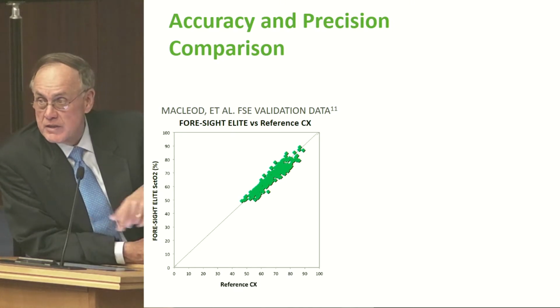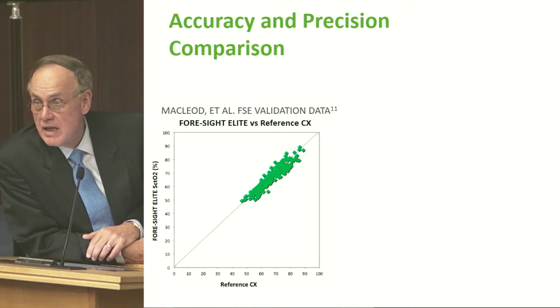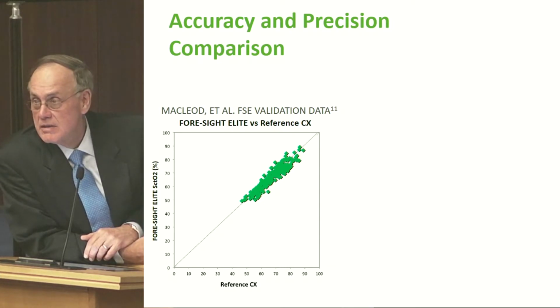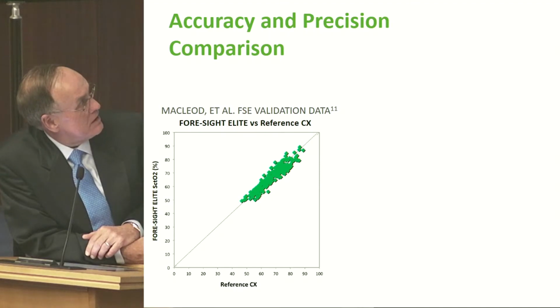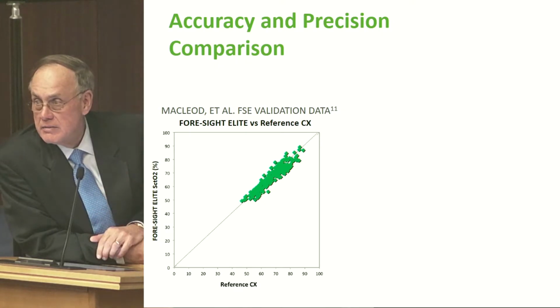And if there was a perfect correlation, all the dots would fall on that 45-degree line. Okay? So you can see we're not quite perfect, but we're very good. The accuracy of the Foresight in the abnormal range is about plus or minus 1.